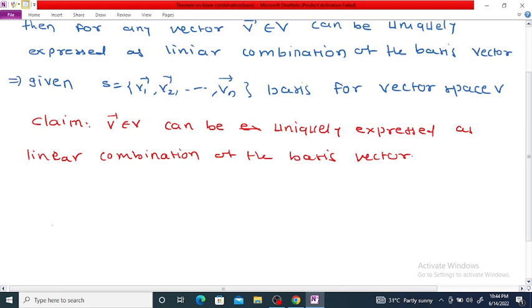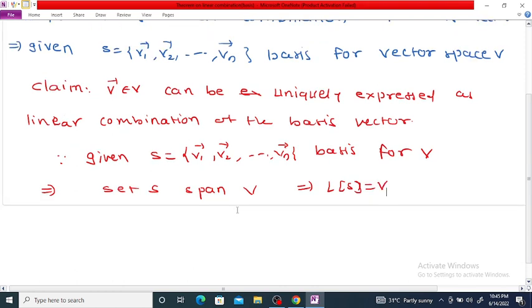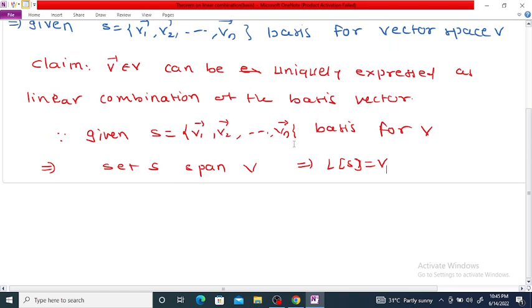Now, the proof. Since S is equal to {V1 bar, V2 bar, ..., Vn bar}, a basis for vector space V, this implies set S spans V, that is L(S) is equal to V. That is, every vector from V can be expressed as a linear combination of V1 bar, V2 bar, ..., Vn bar.